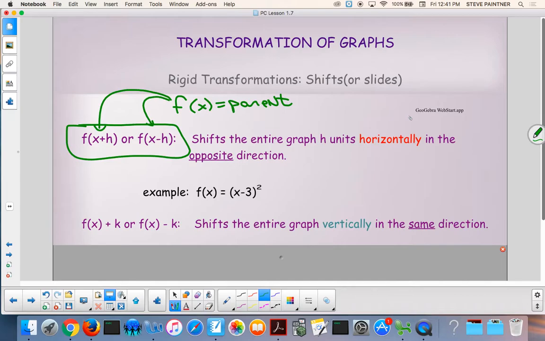Then what happens is it shifts the entire graph h units horizontally in the opposite direction. So if you see plus h, you're going to move your graph h units left. If you see minus h, move your graph right h units.